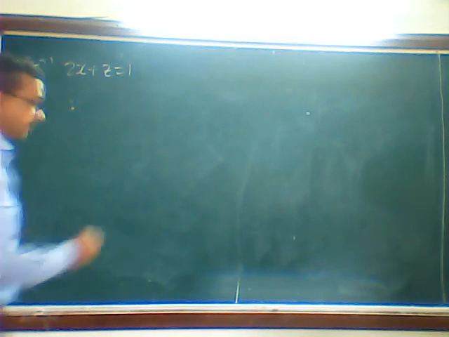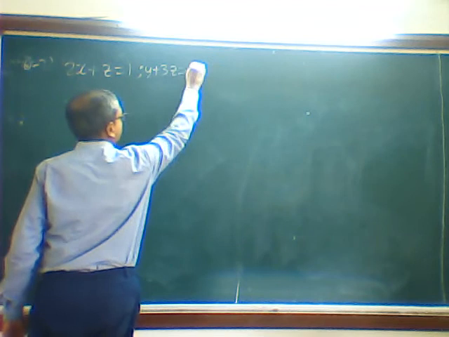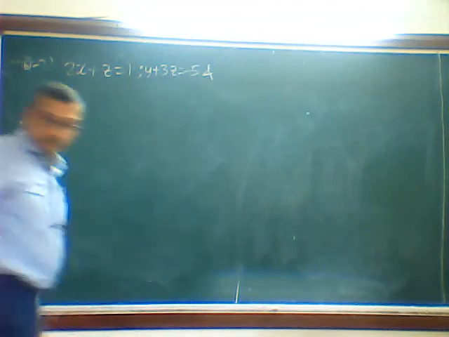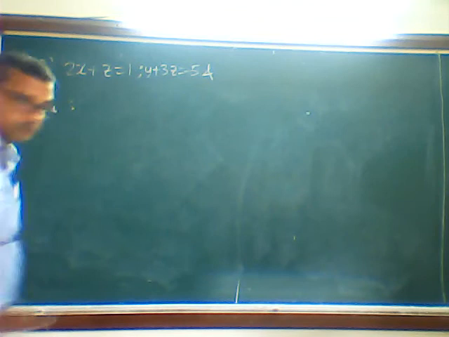2x plus z is equal to 1. Y plus 3z is equal to minus 5. X minus 2y is equal to 5.